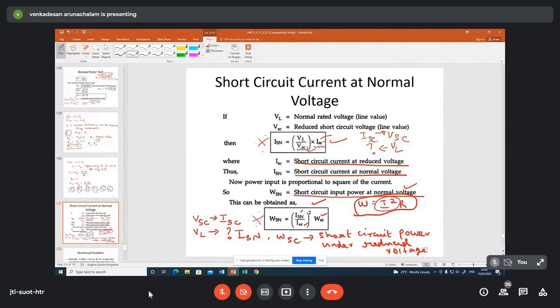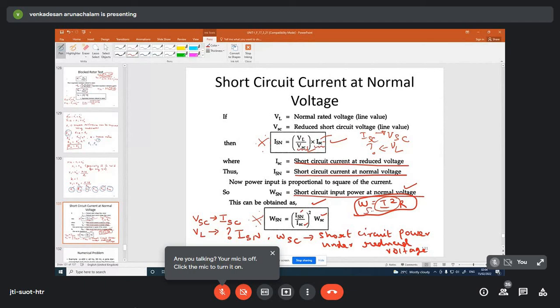So any doubt you have? Any doubt you can ask me. Short circuit power is nothing but the copper loss, I squared R. So this is the ratio.